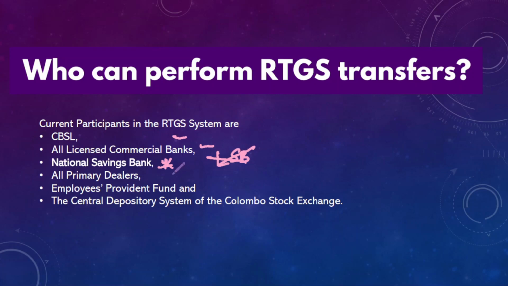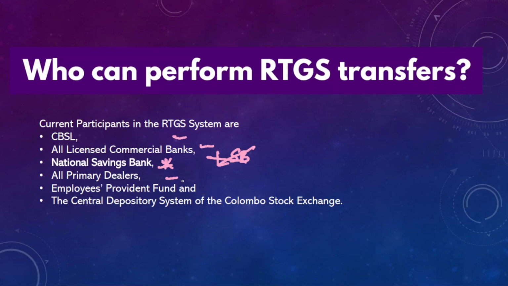Then all primary dealers are given access to this. Why? Because they transact with the central bank for, say, government security purchases and sales, so they have to have RTGS. EPF, the Employees Provident Fund, needs to receive money from counterparties, pay out to beneficiaries and also invest in certain instruments, so they are also given access to RTGS transfers.